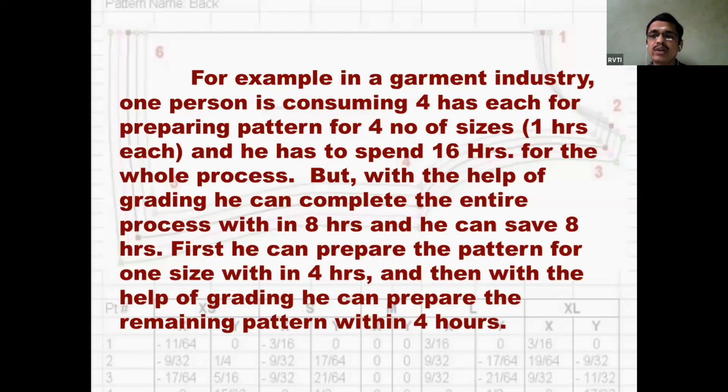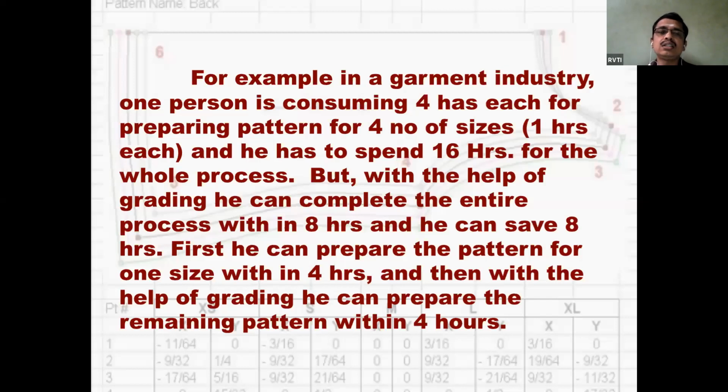In mass production, in a garment factory, time saving is a very prime and important factor. If I'm saving time, I can utilize the extra time for doing other work. First we prepare the pattern for one size within 4 hours, then with the help of grading, we can complete the remaining patterns within 4 hours.